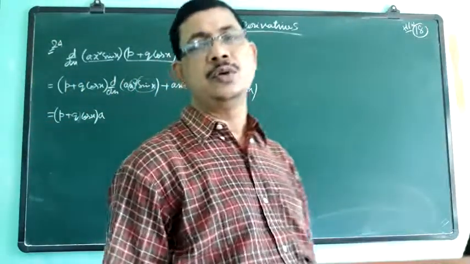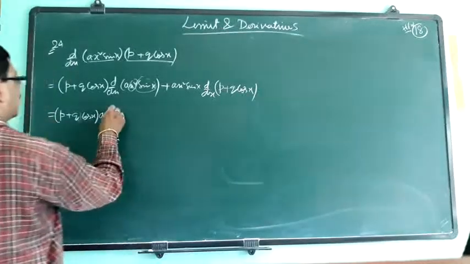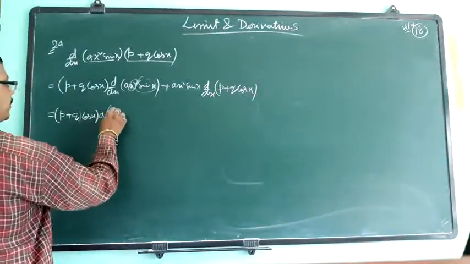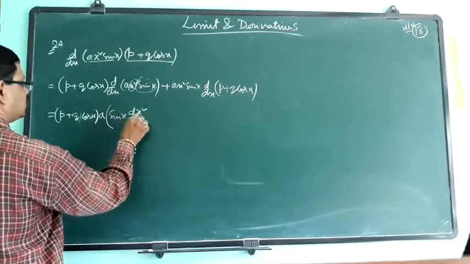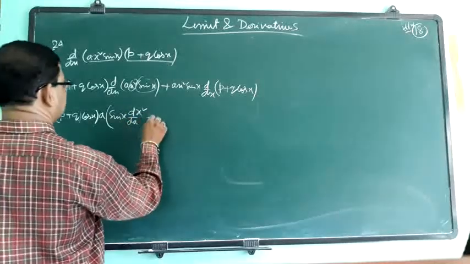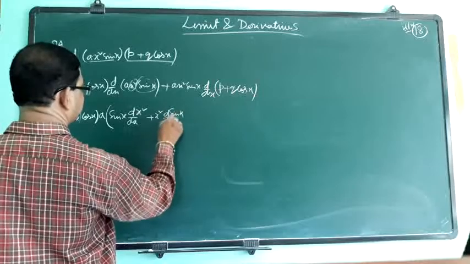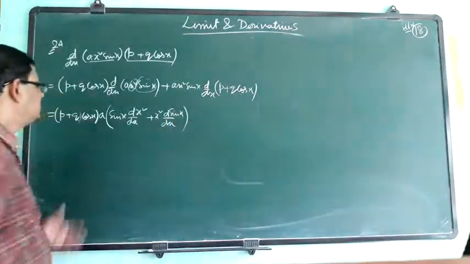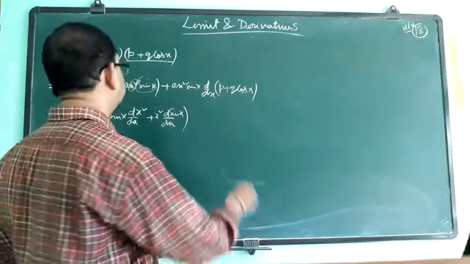Of course it is given in u v form, and then again you will apply the same procedure. Sin x you keep, differentiate x square with respect to x. Then x square you keep, differentiate sin x. So this way we can write, the second time I have applied u v.